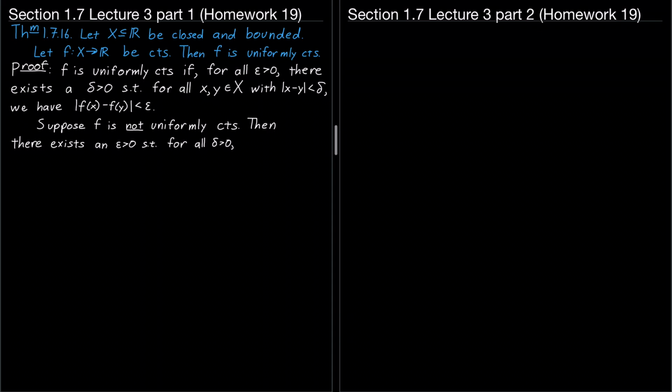And then our for all x and y turn into there exist numbers x, y in our domain X with |x minus y| less than delta and |f(x) minus f(y)| not less than epsilon, greater than or equal to epsilon.